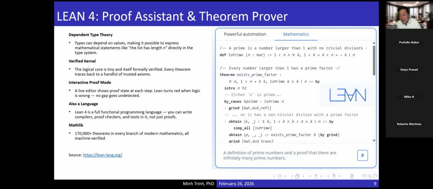What has happened in the past? Lean is not the first theorem proving system, right? There have been systems before, but there were bugs in the kernel. Some system would say, I certify this proof is correct, but in fact there were bugs in the theorem prover, so in fact it was not true, right?